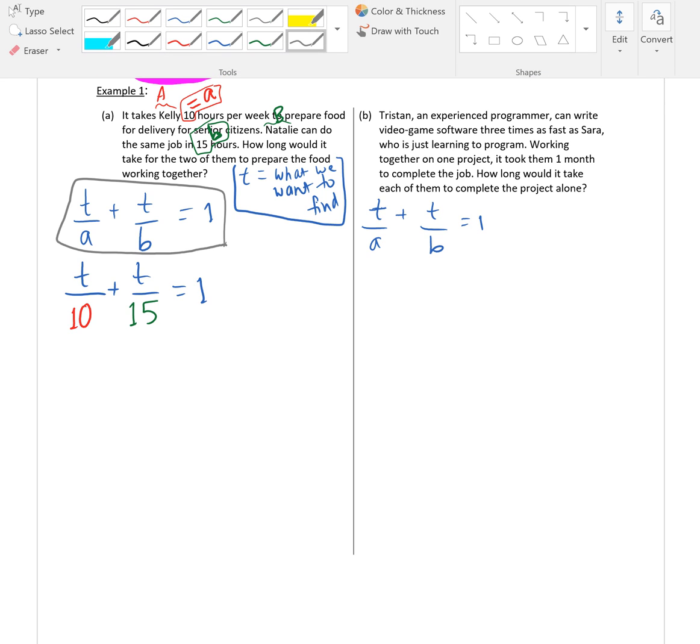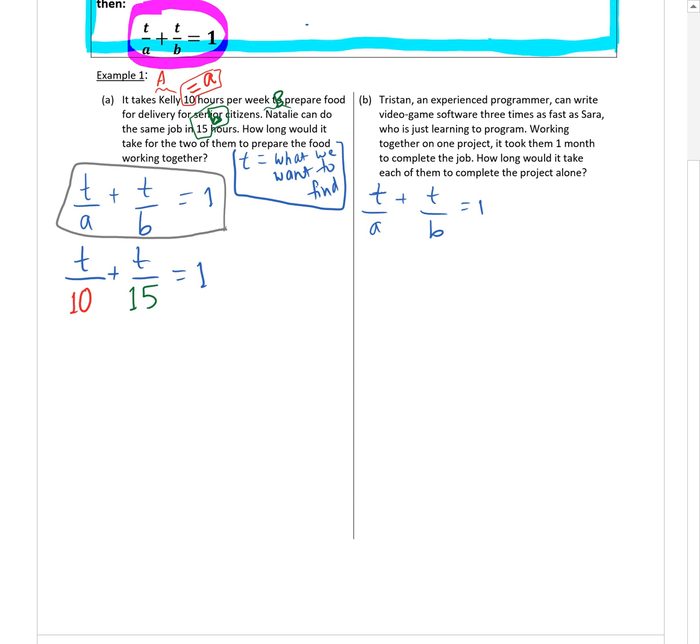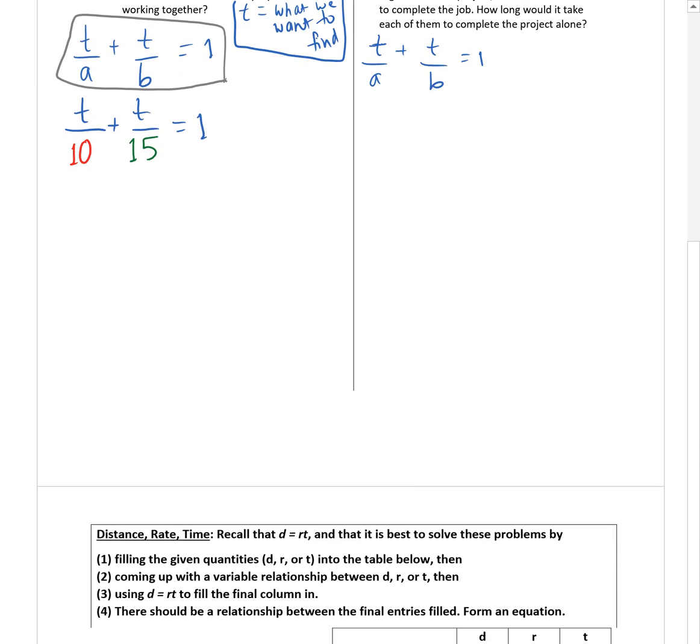So I'm going to use the method that we learned from the last section and multiply the whole thing by the least common denominator to cancel denominators. Looking at these two denominators, 10 and 15, the LCD would be 30, since that's the smallest number that both 10 and 15 divide into. So I'm taking the whole thing and multiplying it by 30.